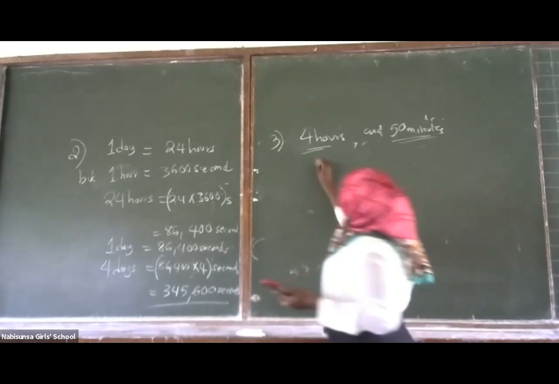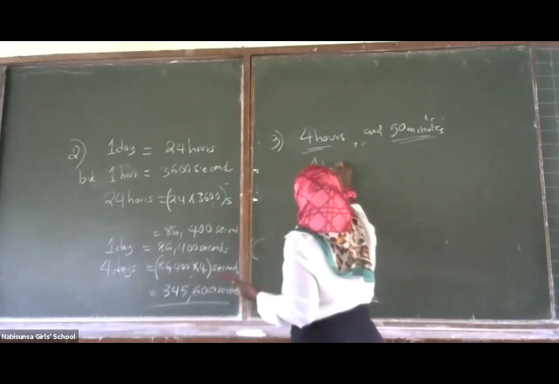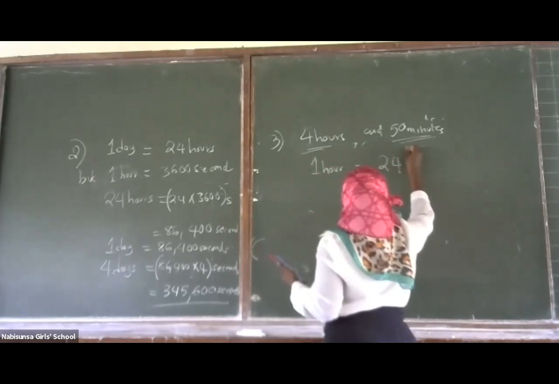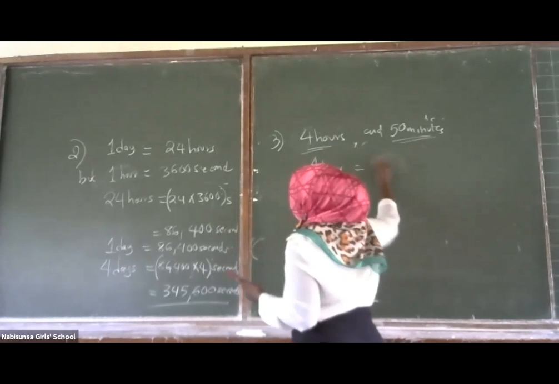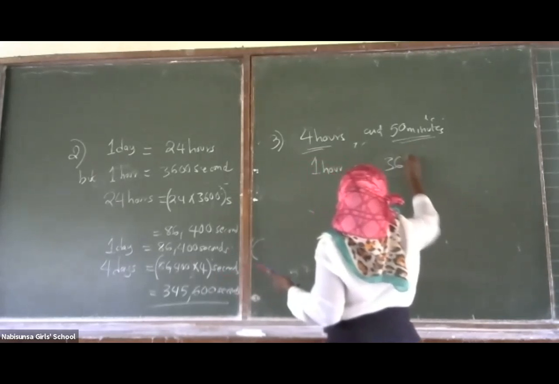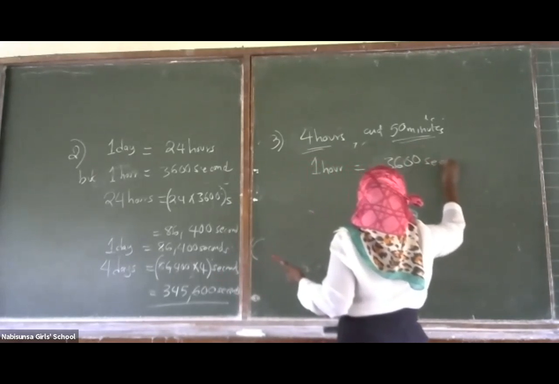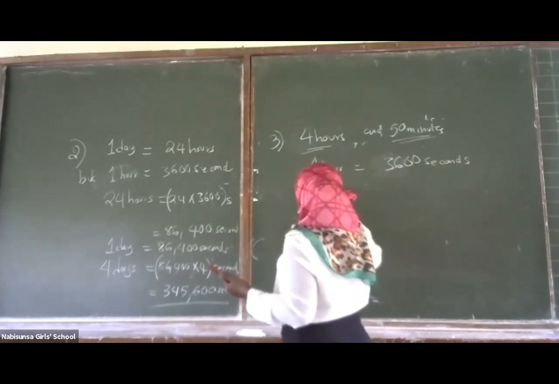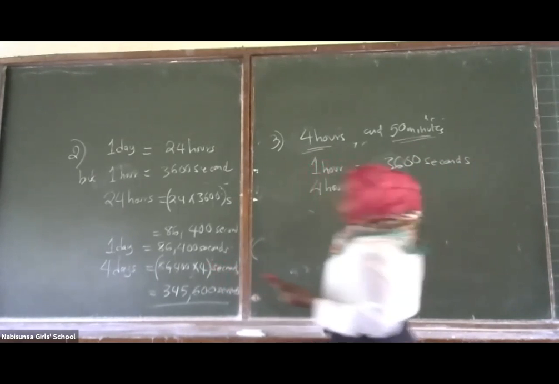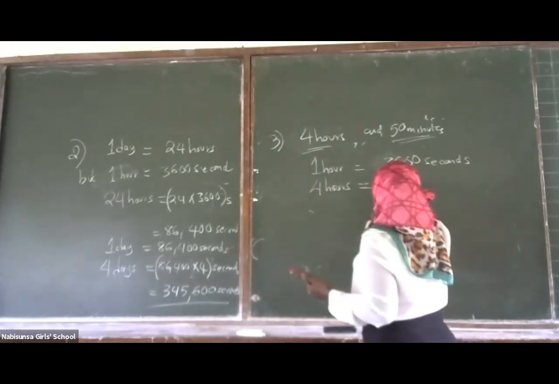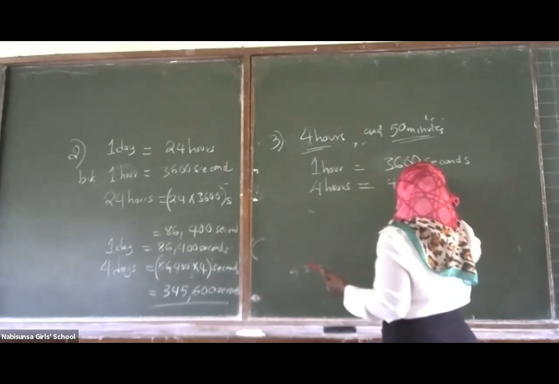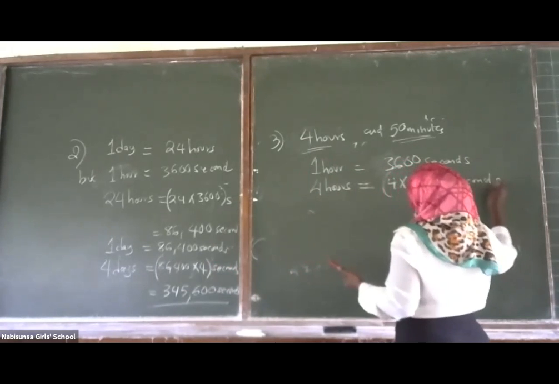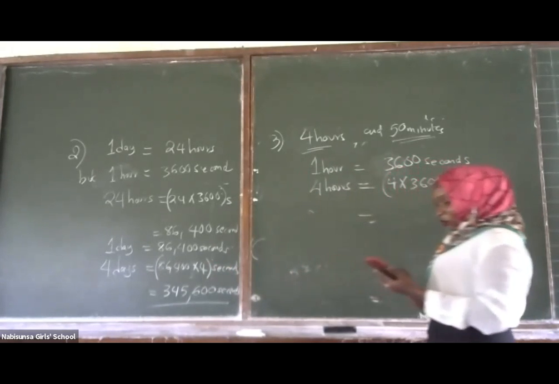So 1 hour is equal to 3,600 seconds. How about the 4 hours? The 4 hours will equal 4 times 3,600 seconds.